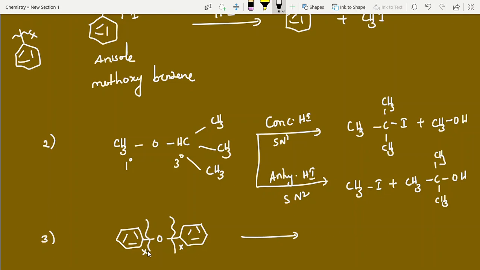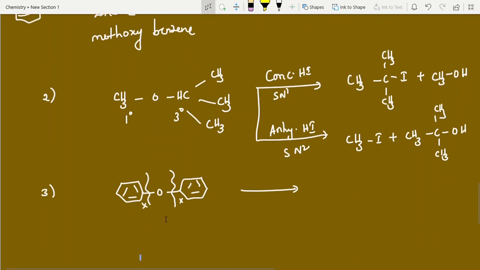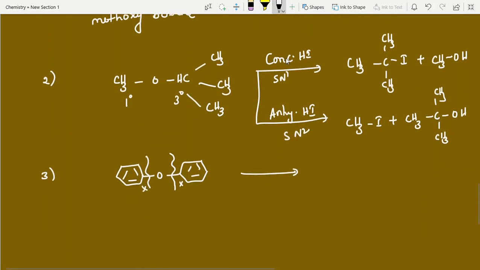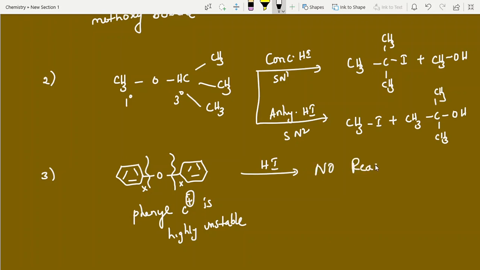Phenyl carbocation is highly unstable. Here no reaction. Sometimes to confuse the student, they will give questions like this. Here no reaction. Clear? Now, next one.